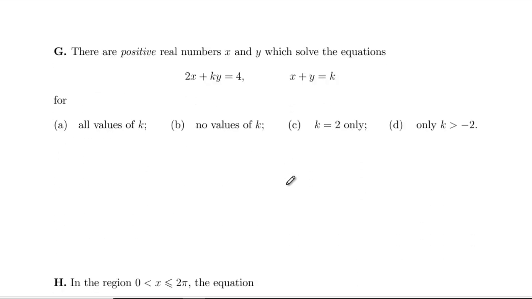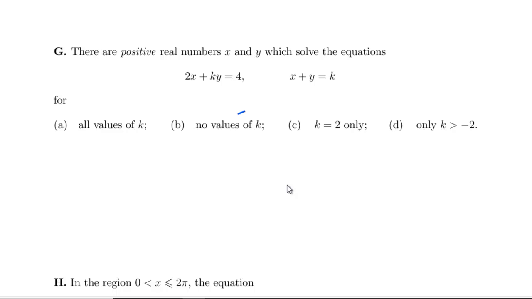G, there are positive real numbers x and y which solve these equations. Okay, so we need to be able to solve these for what values of k? Right, I'm tempted by this C of putting 2 in and then seeing, because that's going to rule out a lot of options, isn't it? Can we just pick our way through to an answer? Let's see what it's like actually combining them.